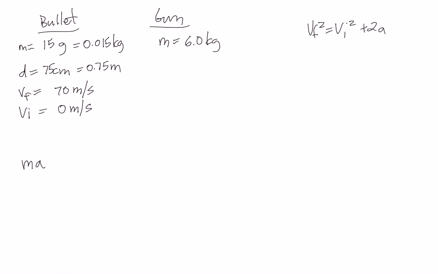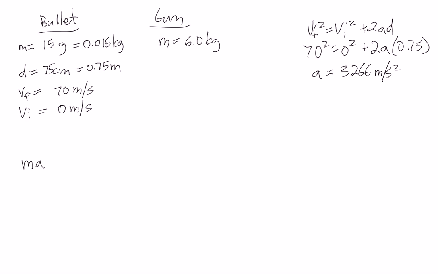VF squared equals VI squared plus 2AD. So we have 70 squared equals 0 squared plus 2 times A times 0.75. Rearrange that, solve it for acceleration. We get 3266 repeating meters per second squared.